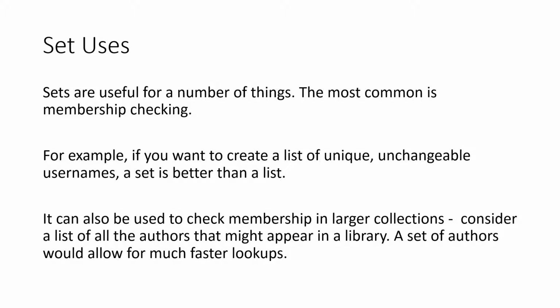In a library that has 100,000 books, you might only see 20,000 authors. And so we can use a set to list off the authors, and we would ensure that if we add a new book to the library, if that author's name is already in that set, we won't get a duplicate record there. And because it's going to be much smaller, it would allow for a much faster lookup.